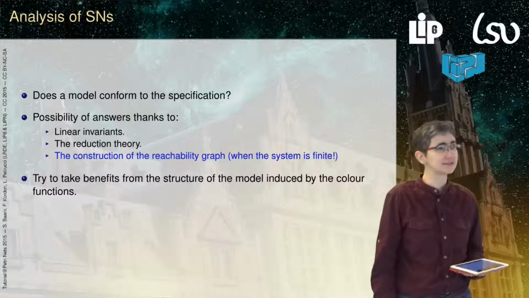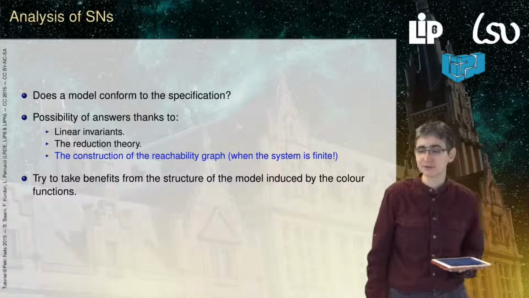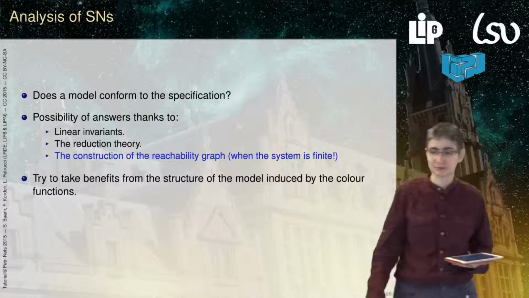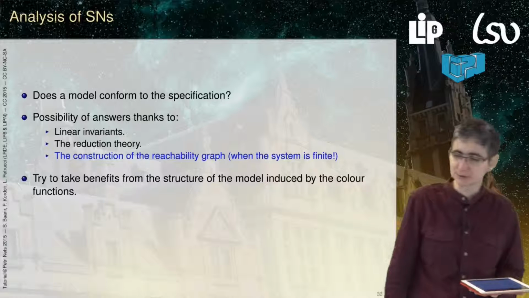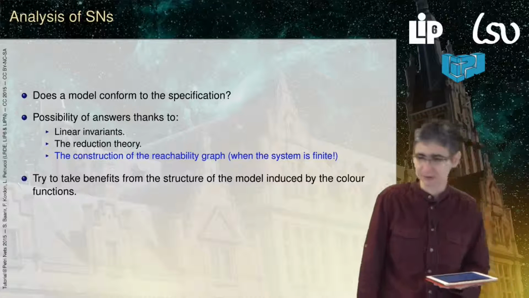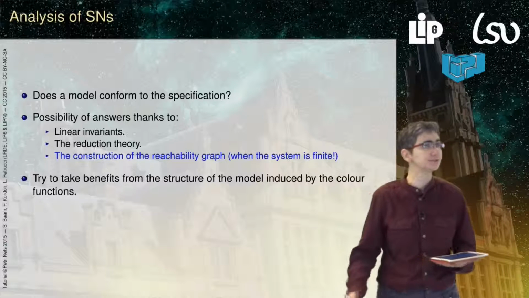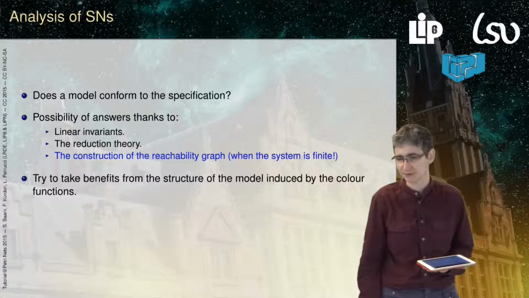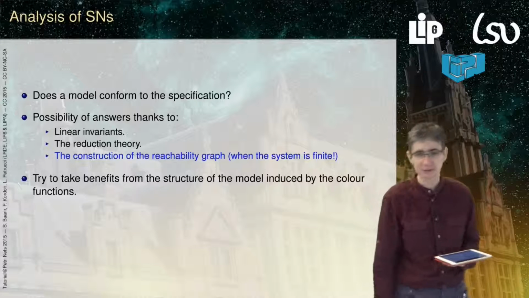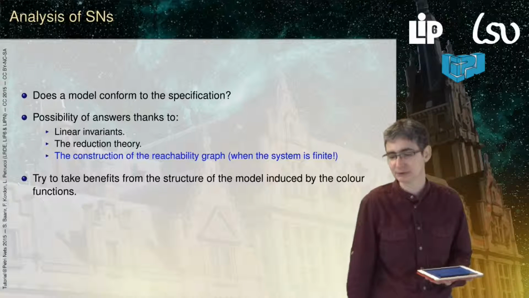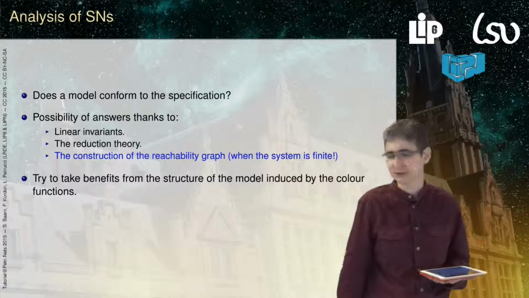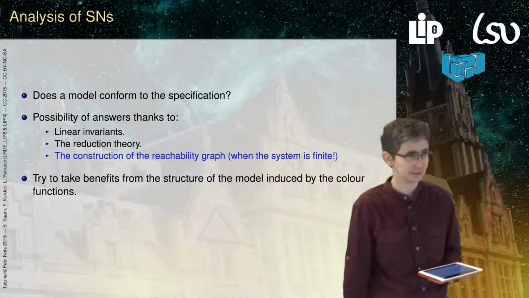The analysis is asking some questions, like does the model conform to the specification? The possibilities to answer are to use different kinds of techniques, like linear invariants, reduction theory, or constructing the reachability graph, and of course, when the system is finite.